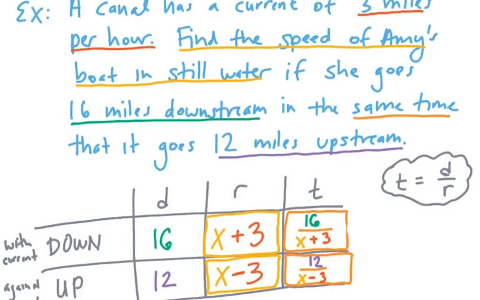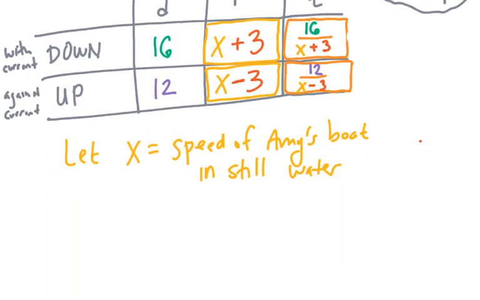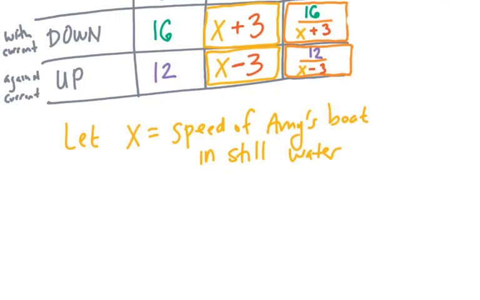In order to solve, I'm going to make use of this one important phrase here that says the same time. So the time it takes to go down is equal to the time it takes to go up. And we have a symbolic representation for both of those. So I'm just going to write an equation in words that says time downstream equals time upstream.